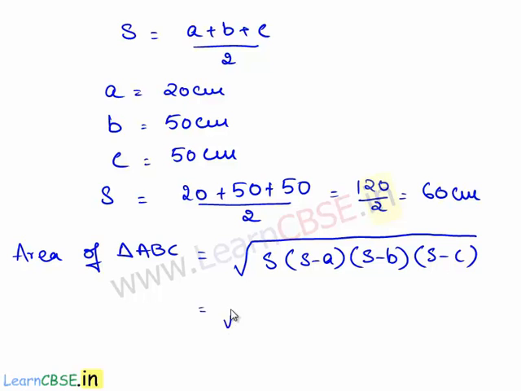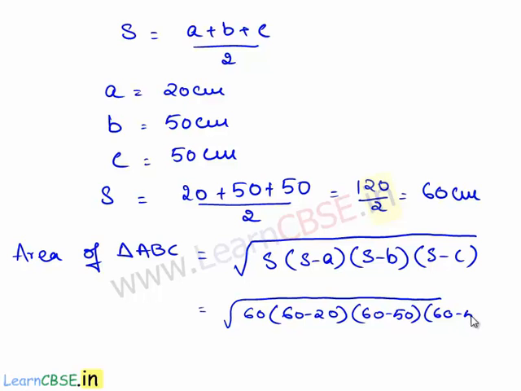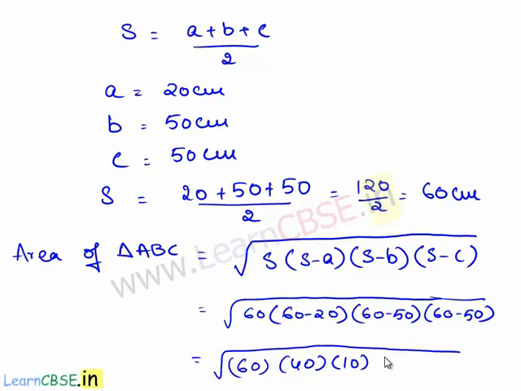This is equal to square root of 60 times 60 minus 20 times 60 minus 50 times 60 minus 50. So this is equal to square root of 60 times 40 times 10 times 40.